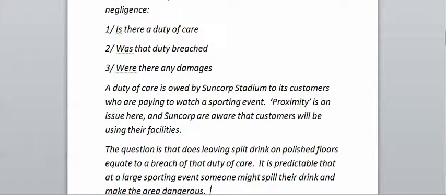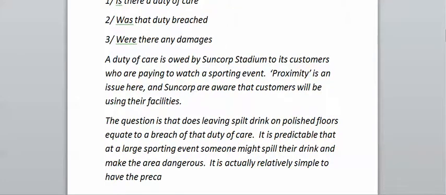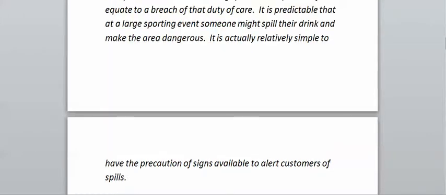Now, is there anything else as well as predictable? Well, some of you brought this idea of precautions. It is relatively simple to have the precaution of signs available to alert customers of spills. So we've said that it's predictable there'll be things spilt.